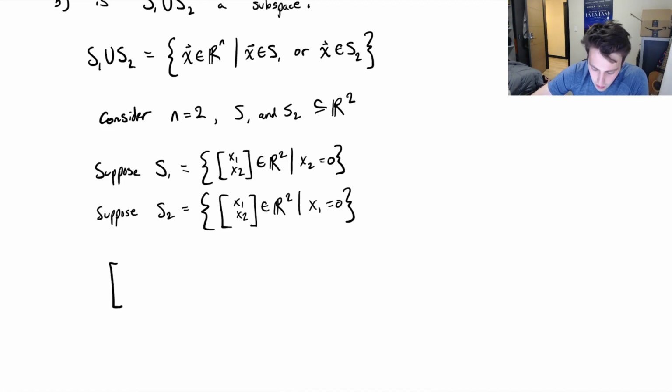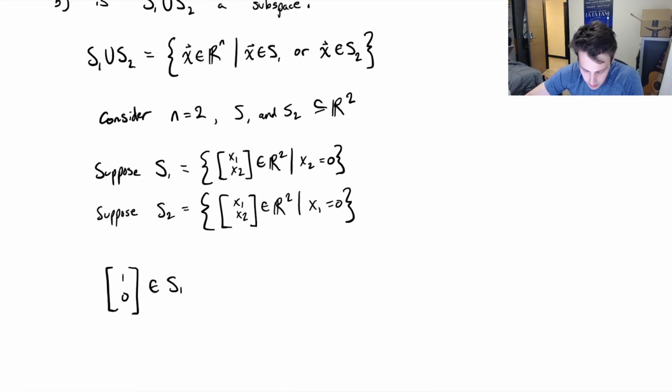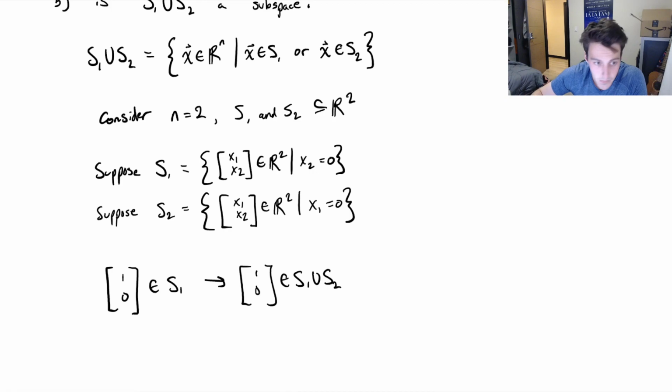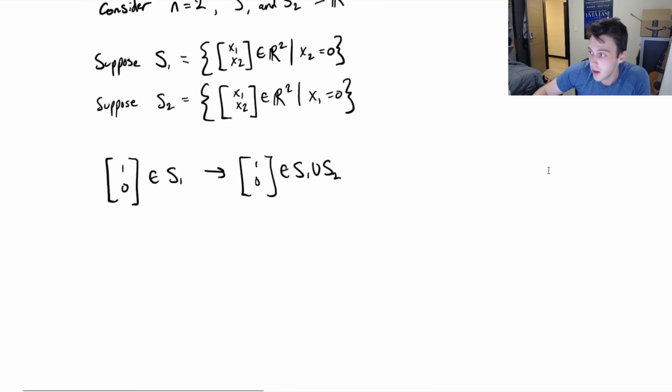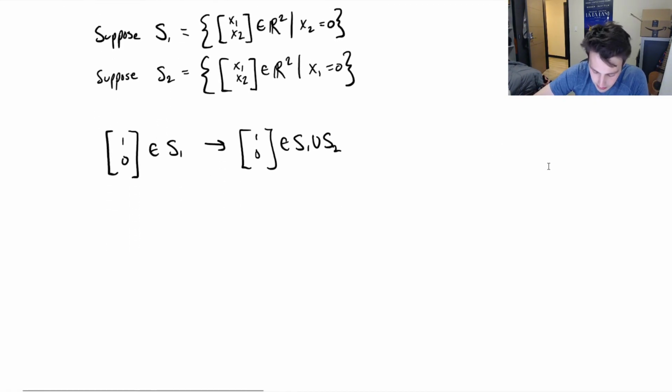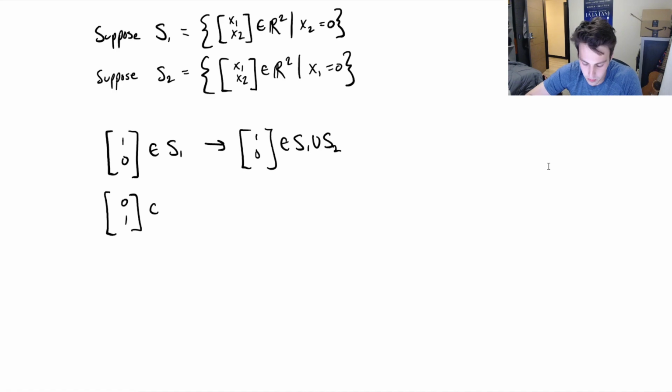Let's say, okay, we know that (1, 0) is in S1, which also means that (1, 0) is in the union of S1 and S2, since it's in S1. We also know that (0, 1) is in S2, right?